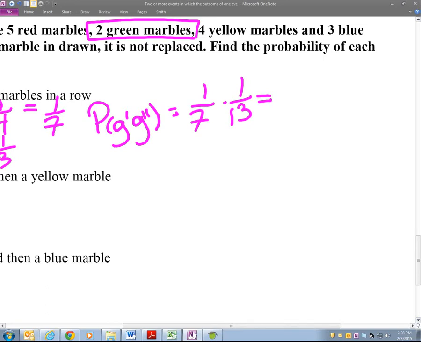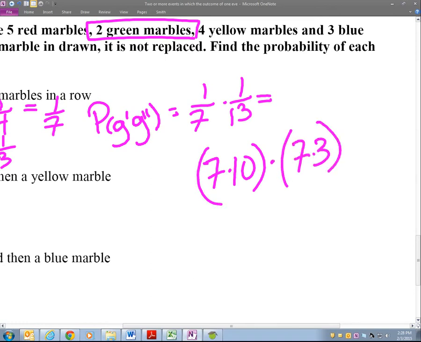What is 7 times 13? Some of you might be able to do it really fast through the distributive property. You don't have to write this necessarily. 7 times 10 is what? 7 times 3 is what? 70 plus 21 is what? 91.